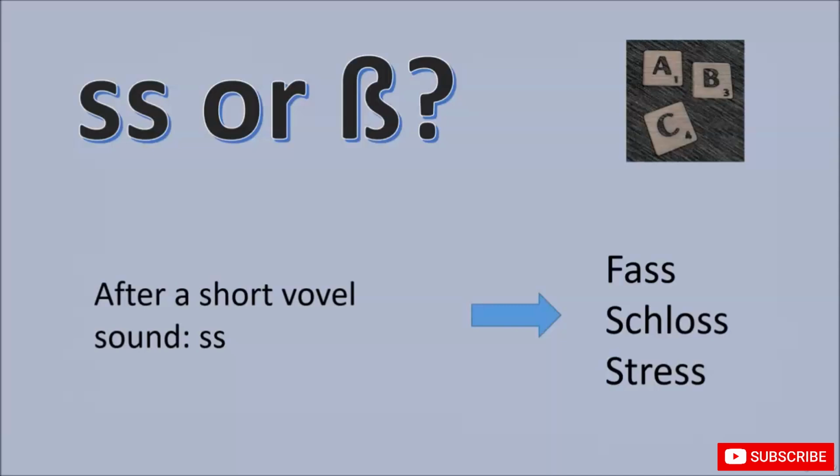If you have got any books, whether it's textbooks or novels or anything, that were written before the spelling reform, you would see those words still spelled with the SZ. But with the new rule now, it's Fass, Schloss, Stress.